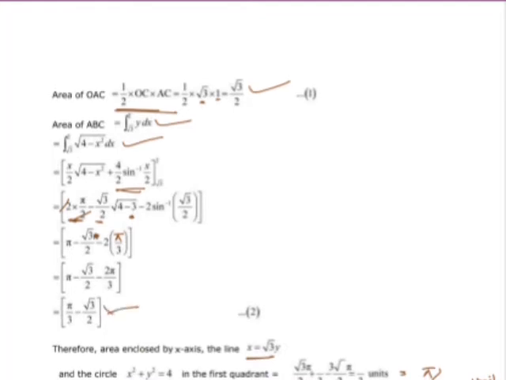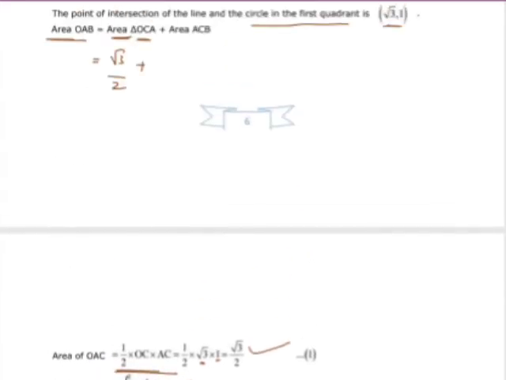So now pi minus root 3 by 2, 2 pi by 3. So pi minus 2 pi by 3 is pi by 3 minus root 3 by 2. So just substitute the value here, pi by 3 minus root 3 by 2.